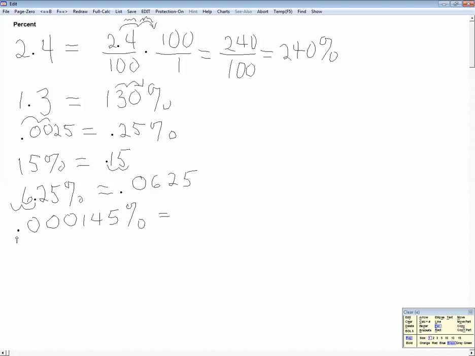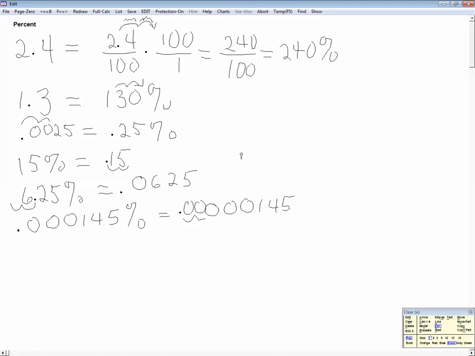So I go 1, 2. And so it's going to be, I'll just repeat the number that I have, 0.00145. Now I'm going to take my decimal point and push it 1, 2 towards the front. So that means I have to stick in an extra 0 and an extra 0 and add my decimal point.